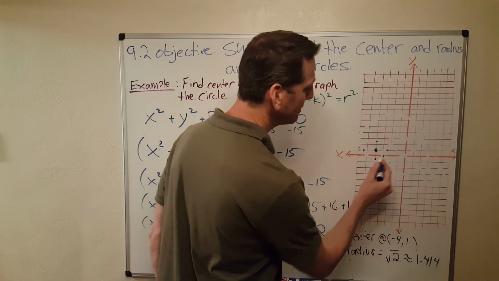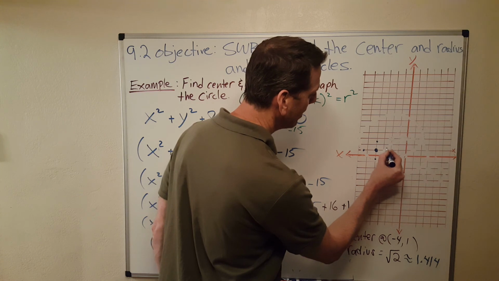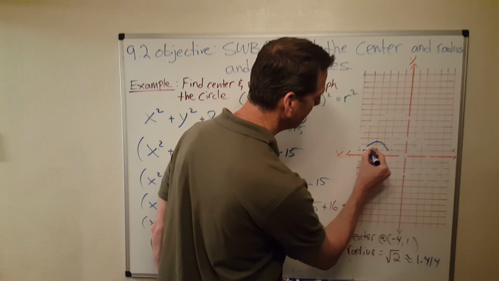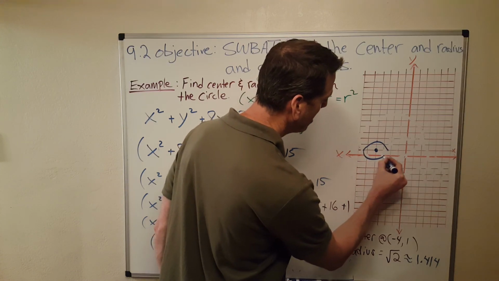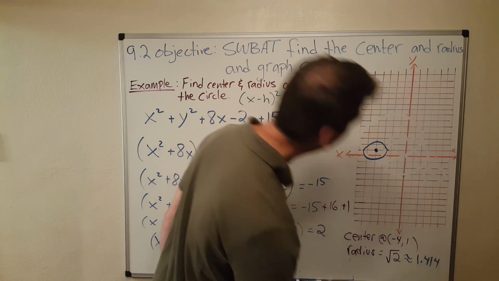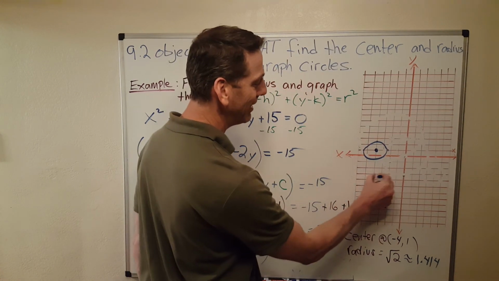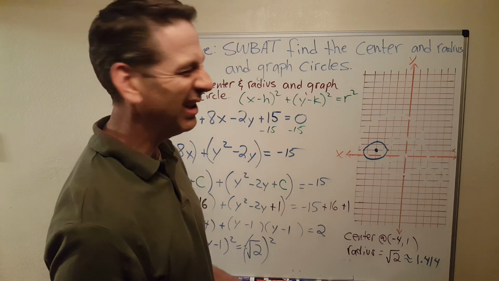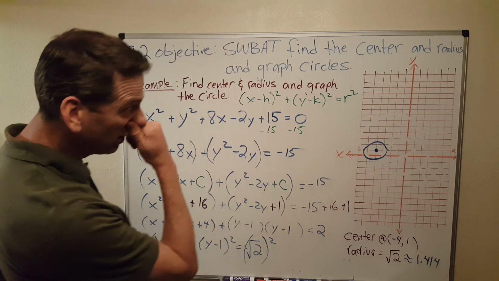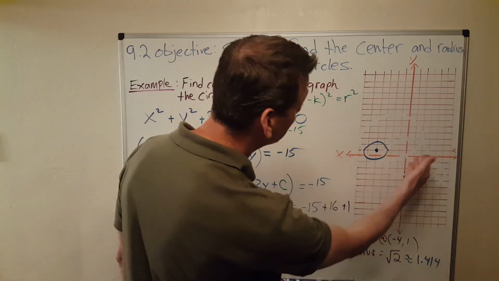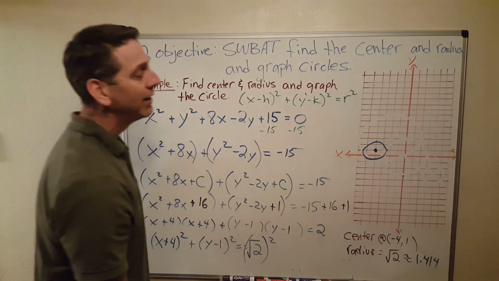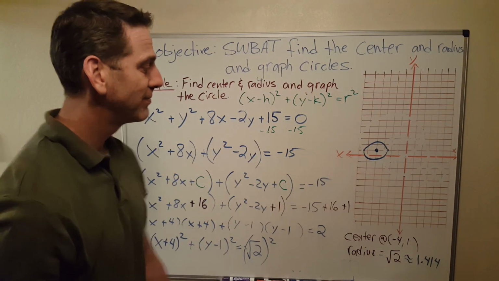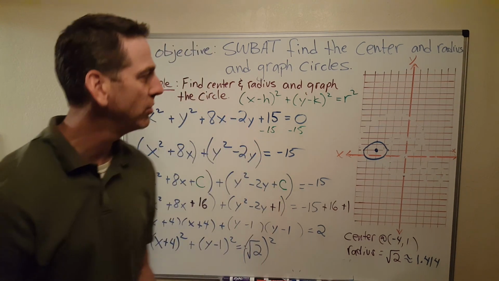All right, and then I just connect my dots. It's not a very good circle because my grid lines are not really equal. So it's actually really an ellipse. Okay, so there's my circle. It has a center of -4, 1. It's got a radius of about 1.5, square root of 2.